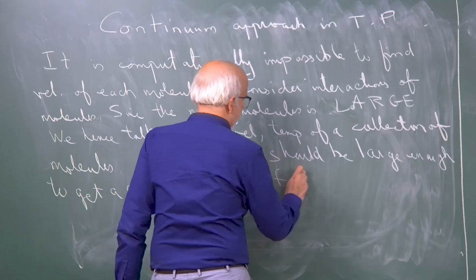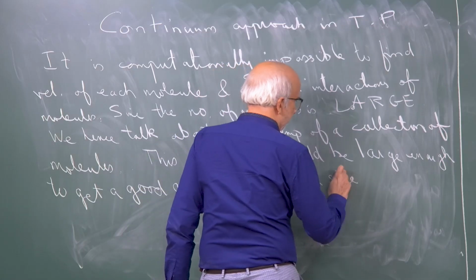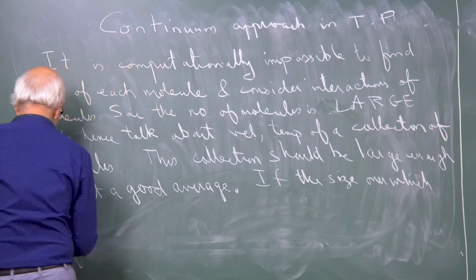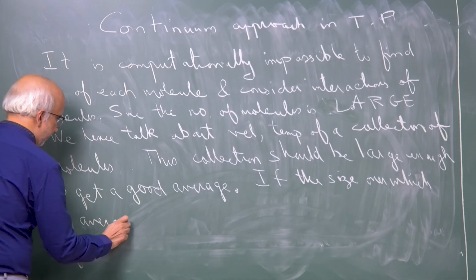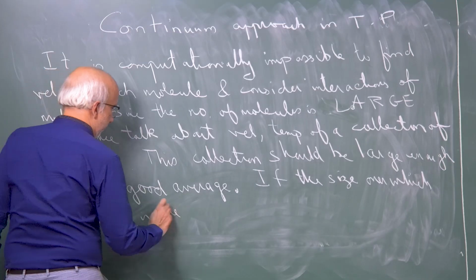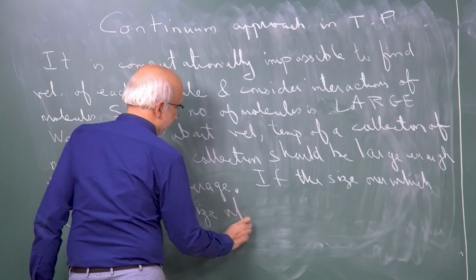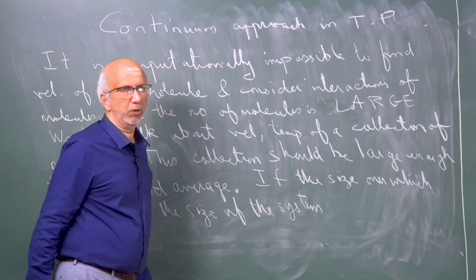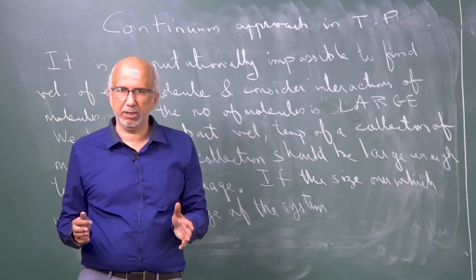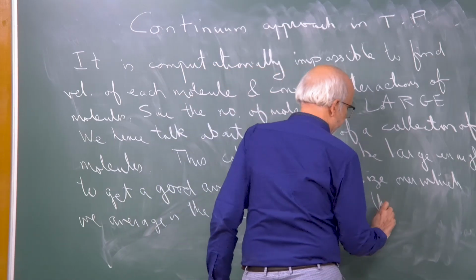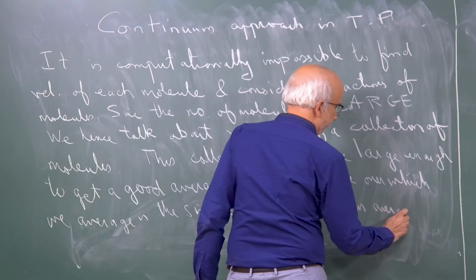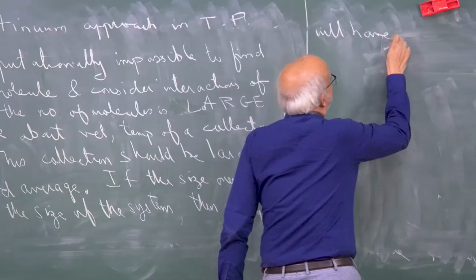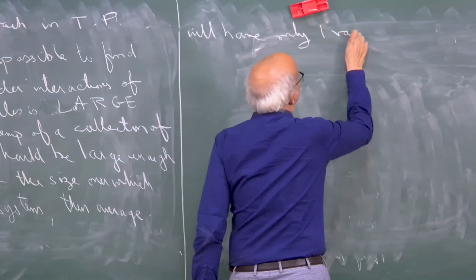Now, if the size over which we average is the size of the system, whatever the system is, then the average will have only one value.